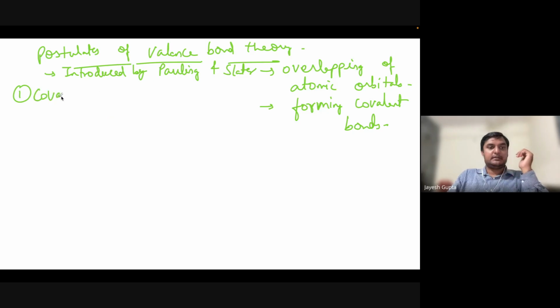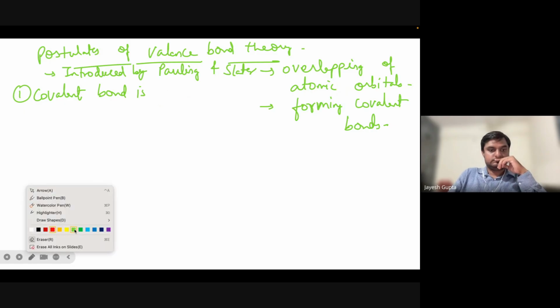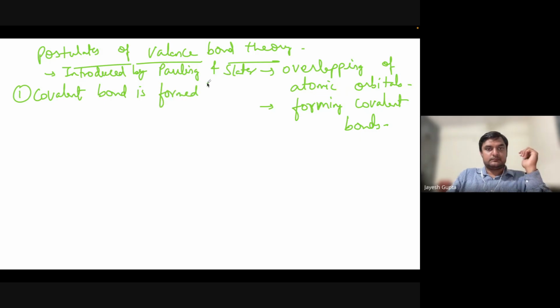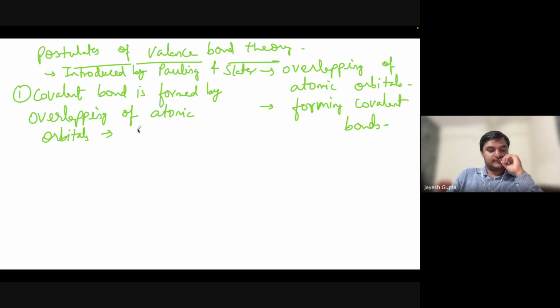First point you can write: covalent bond is formed by overlapping of atomic orbitals. Atoms should be very close.